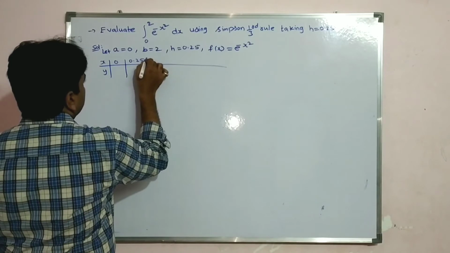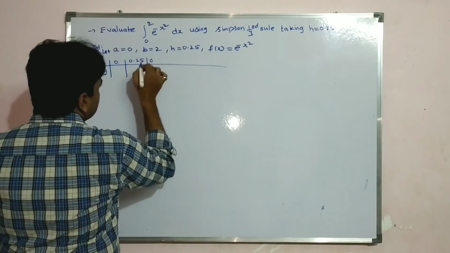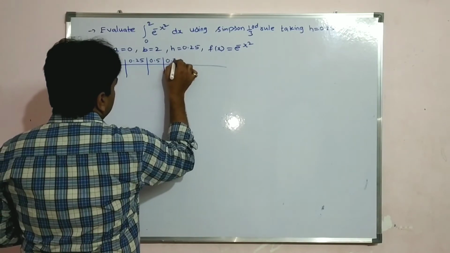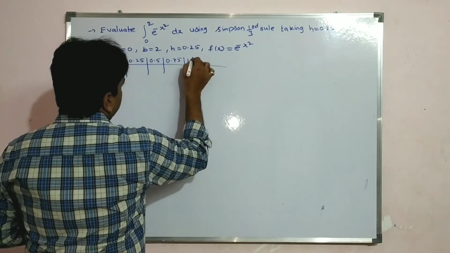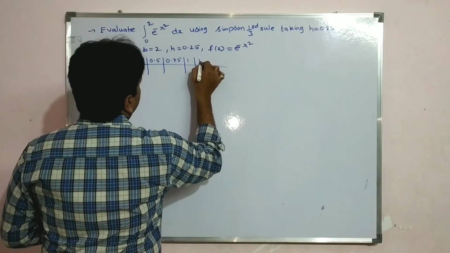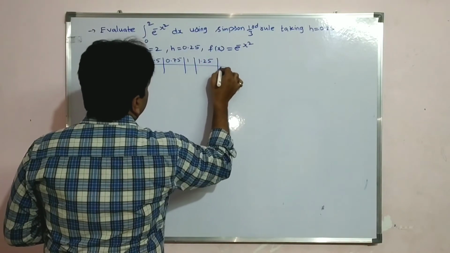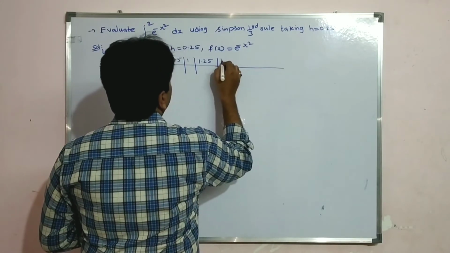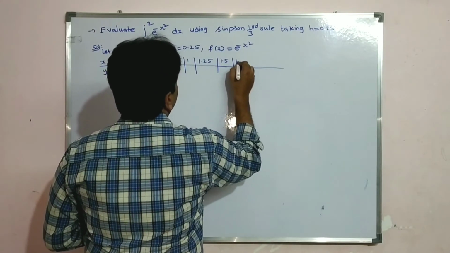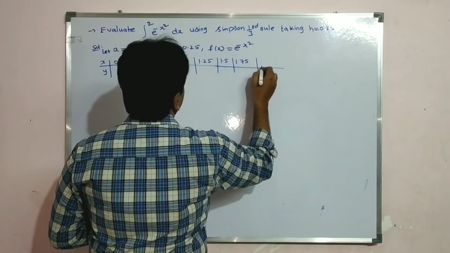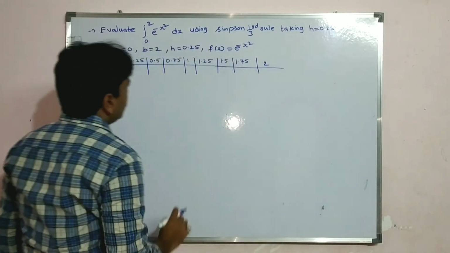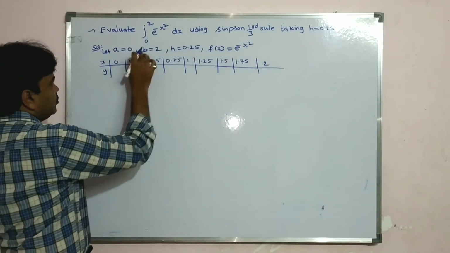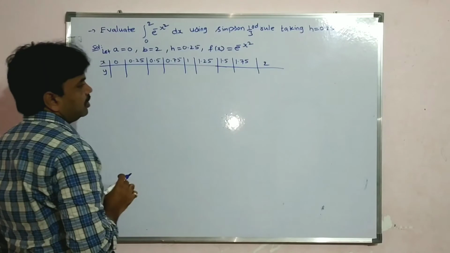So we add 0.25: 0.5, 0.75, 1, 1.25, 1.5, 1.75 and 2. Enough, students, because the upper limit is 2. It starts from the lower limit and ends at the upper limit.